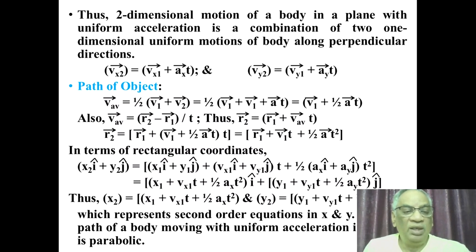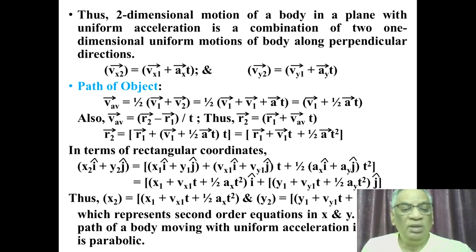In terms of rectangular coordinates, r2 bar can be represented as x2 i plus y2 j, which is equal to x1 i plus y1 j plus vx1 i plus vy1 j times t plus half ax i plus ay j times t square.